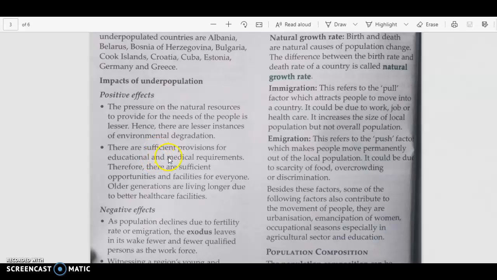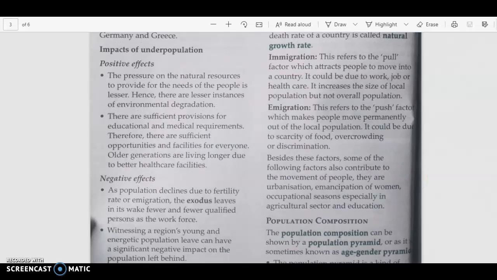There are sufficient provisions for education and medical requirements, therefore there is sufficient opportunity and facilities for everyone, so people get a lot of employment because there is a lack of population. Older generation who are living there live for a longer period of time as they have better medical facilities and healthcare facilities.